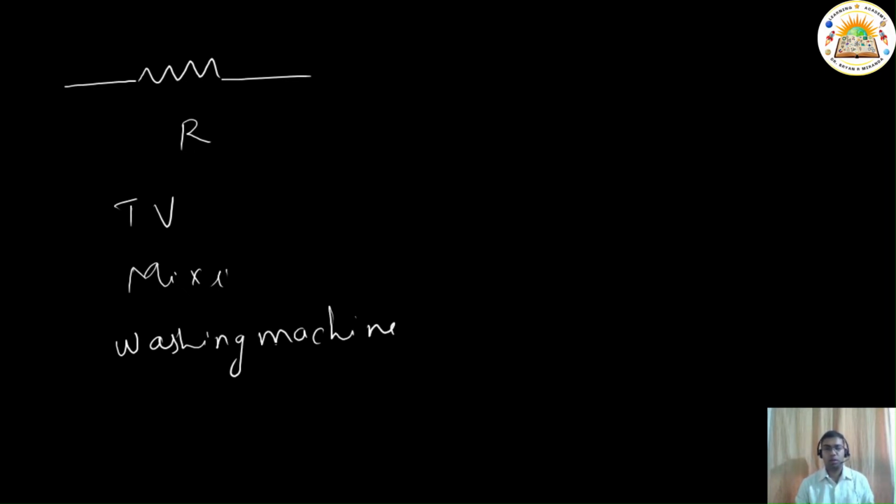These are huge equipments which will be connected. On the other hand, you will have bulbs, tube lights, and fans that are connected. Now these are smaller, so the power consumed by these three will be very much small compared to these three.